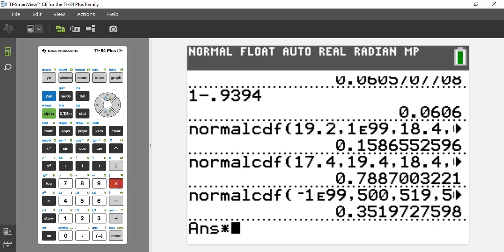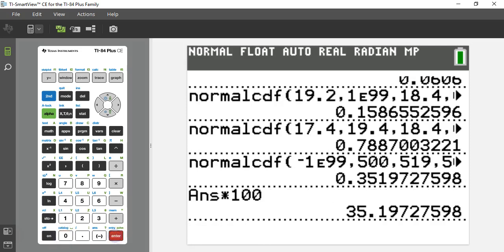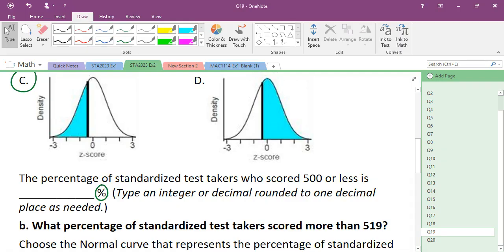Times it by 100, right? Now, round it to 1 decimal place. 35.2%. There you go. 35.2%.